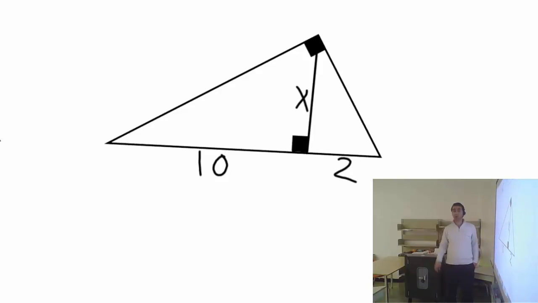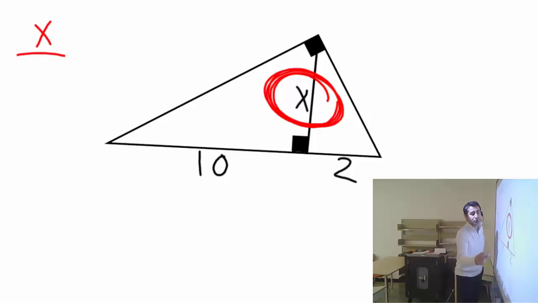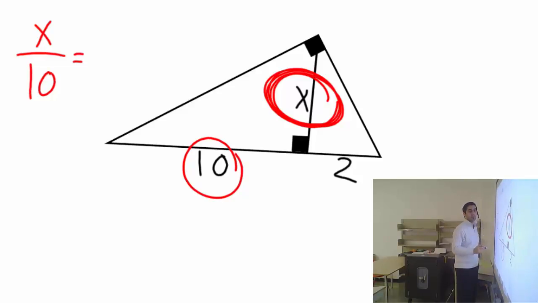And just a quick review. What we used to do here is that we get this one, x divided by one of the two. So let's choose this one, 10, equals.